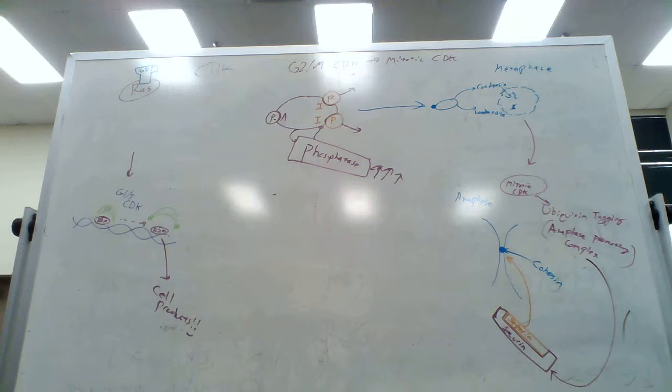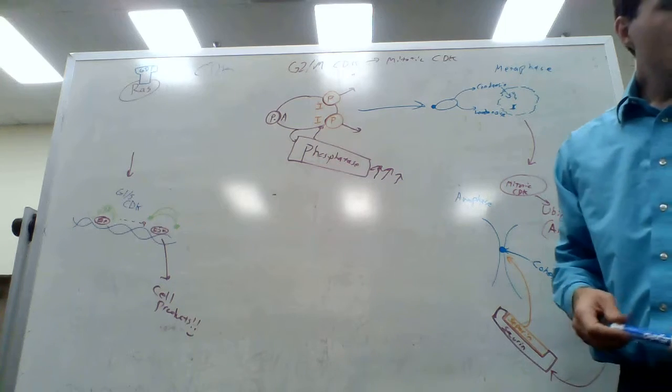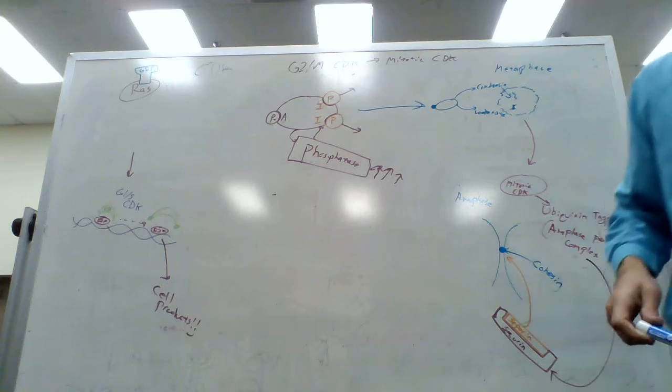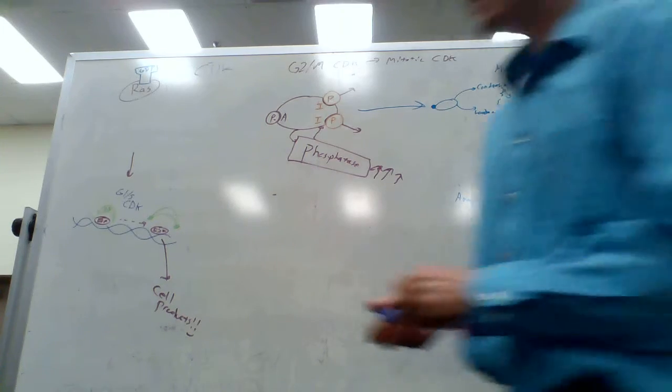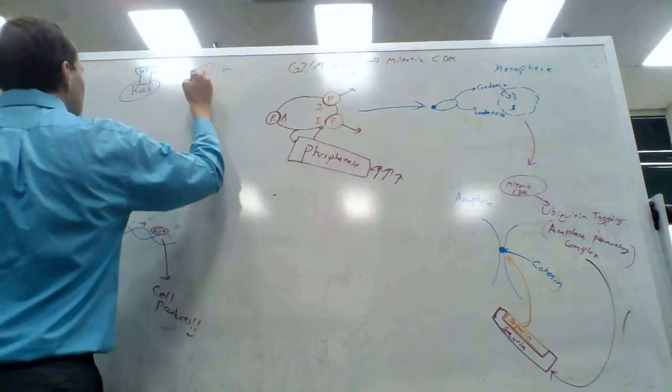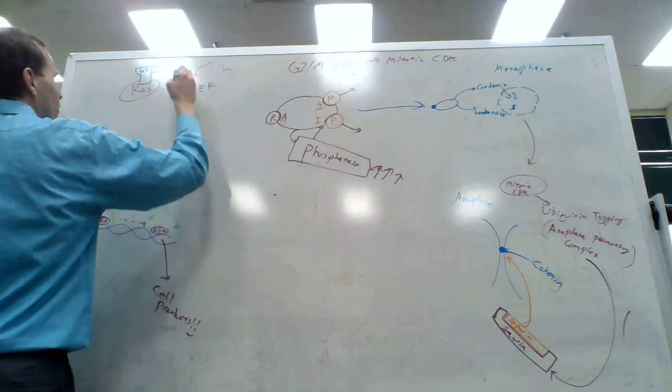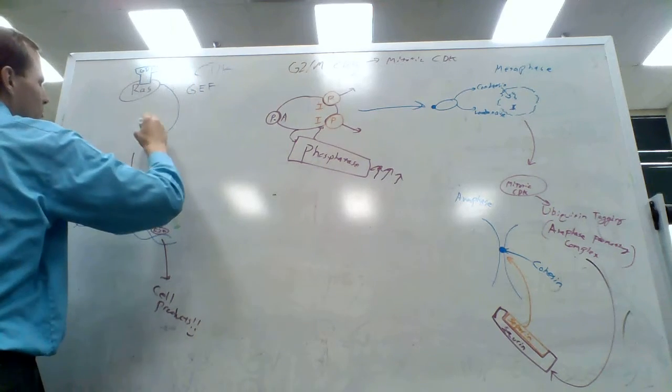And so when it gets a new GTP from, let's take a look. I don't know if she expects you to remember the name guanine nucleotide exchange factor, but GEF. GEF is the protein that will exchange the GDP for a GTP.